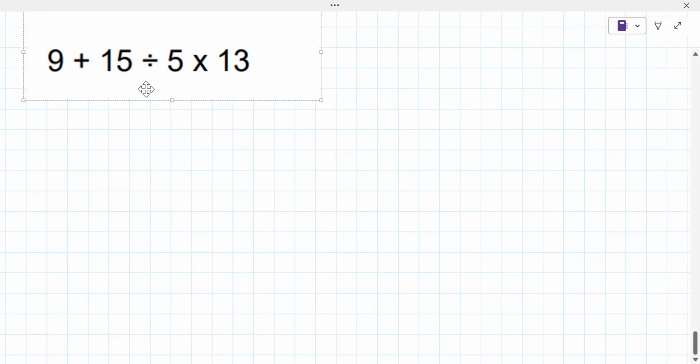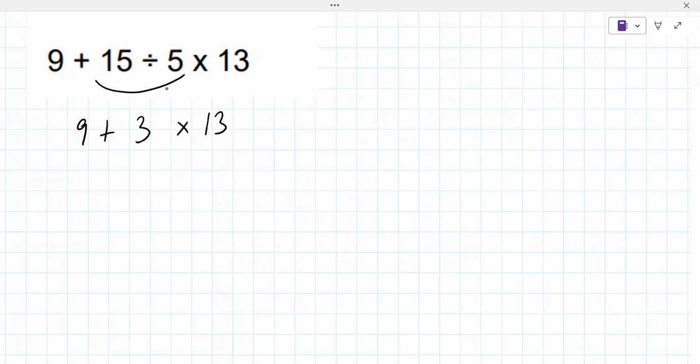Yes. So go ahead and do that. That's 3. And I recommend just rewriting it. There's no reason not to keep doing that. Now do you add or multiply? You multiply. So you want to do all the multiplication and division, then deal with the additions and subtractions.